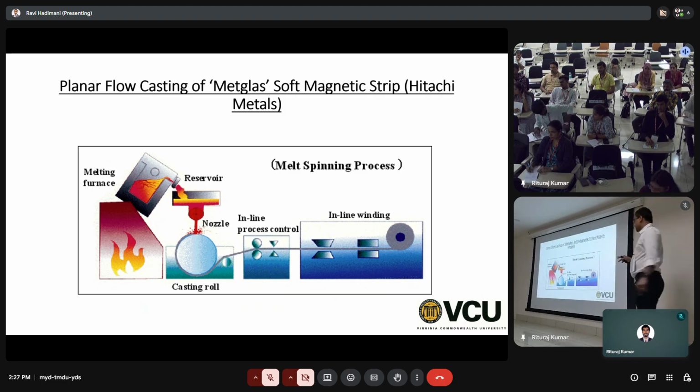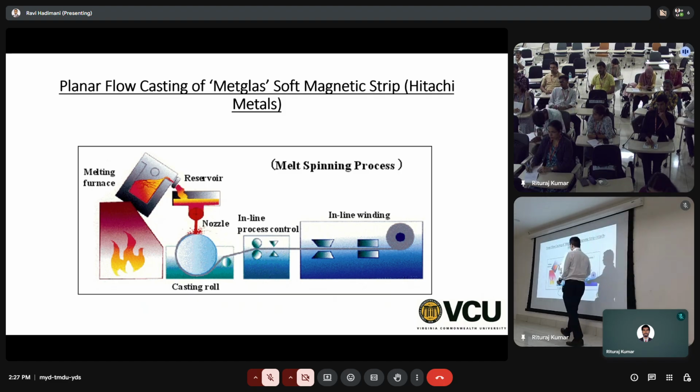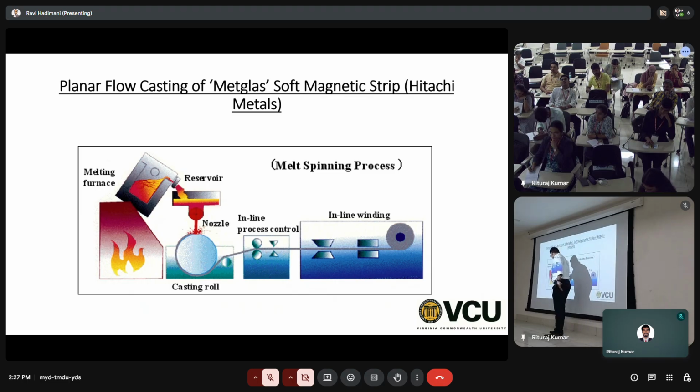When you pour the molten metal on a spinning wheel, which is maintained at a very low temperature using water circulation, it solidifies rapidly, and that solidified material is pulled through more cold bath containers.